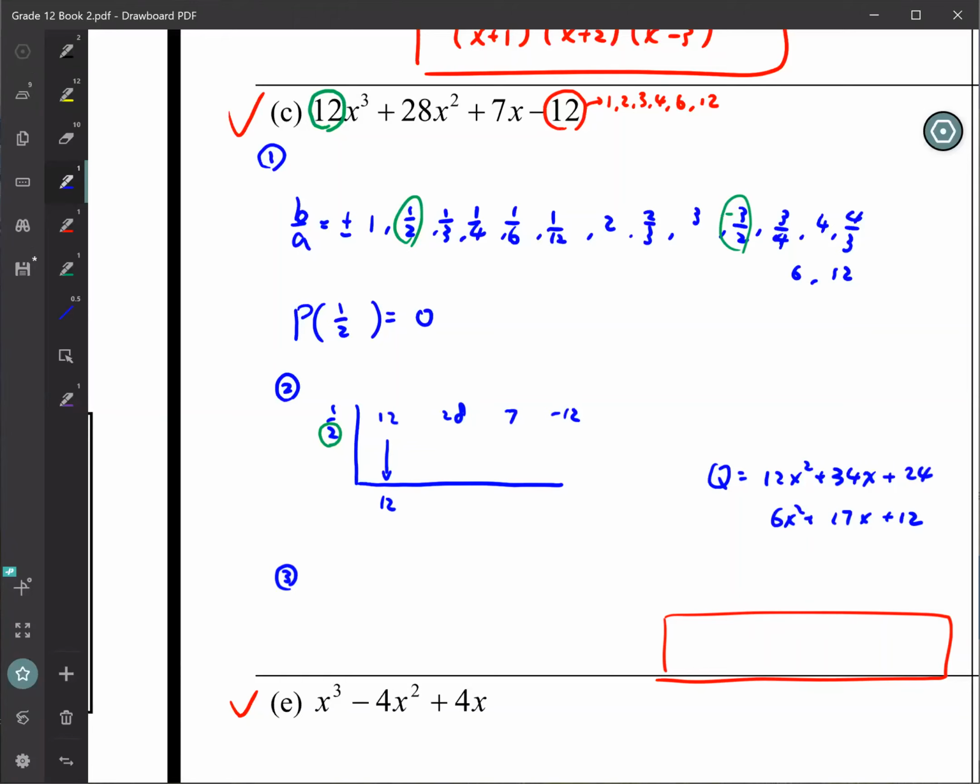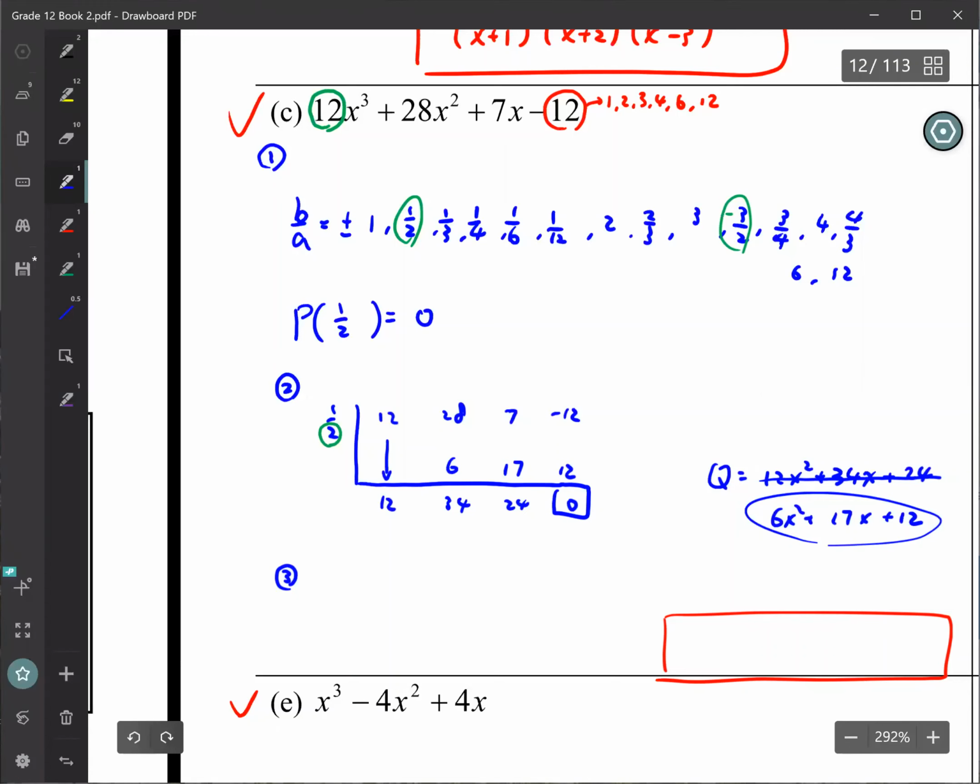So that will give you 6, 34, and then 17, 24, and then 12 ends up 0. You must make sure your remainder is 0, right? Because if it doesn't, then it contradicts with your step 1. So your final answer for the quotient, you need to divide by 2. So the quotient should be this one.